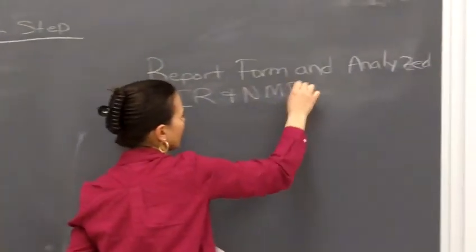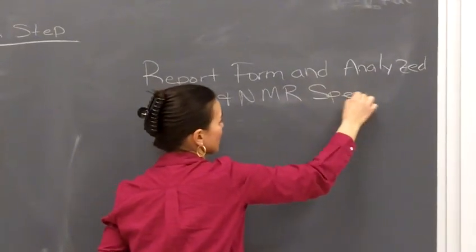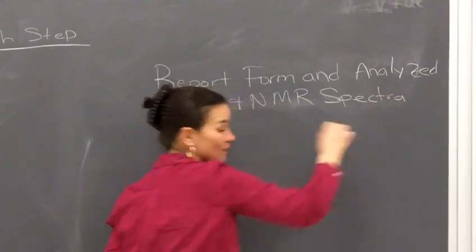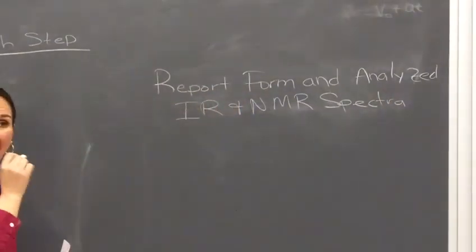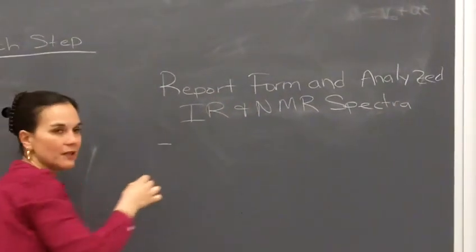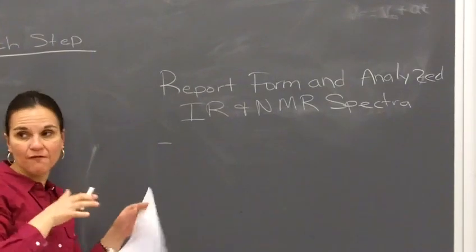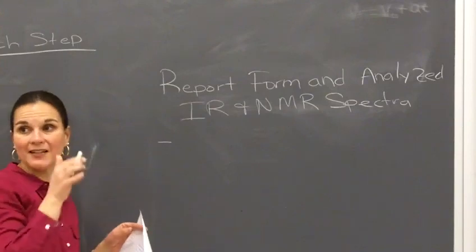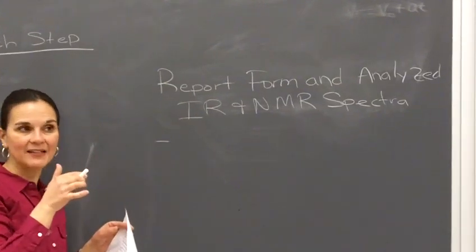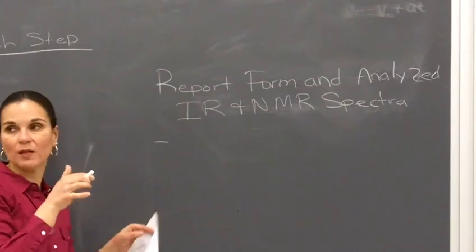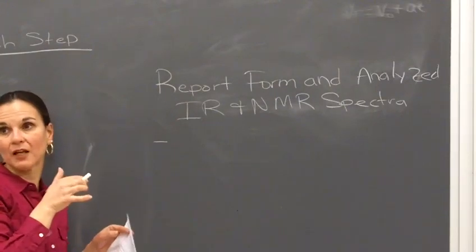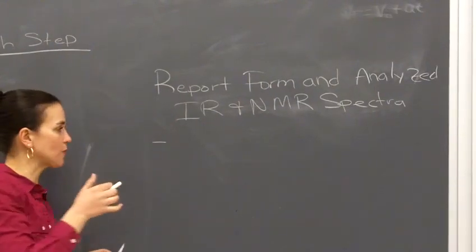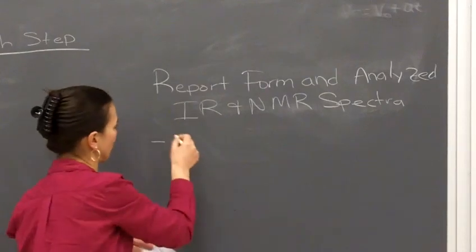And it's really important that on that report form it asks for the yield. It's really important you accurately report that, because part of figuring things out is we have to determine whether you have enough material to go on to the next step. And if not, is there someone else in the lab we can borrow from to make it work, okay? So make sure you accurately report your yield on that report form.